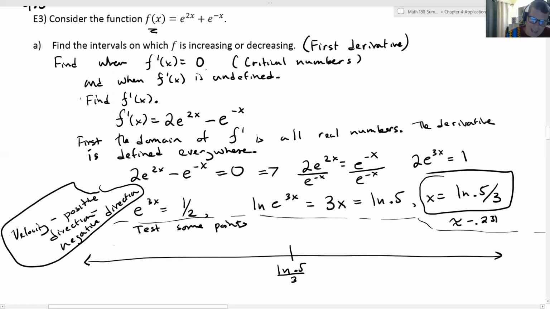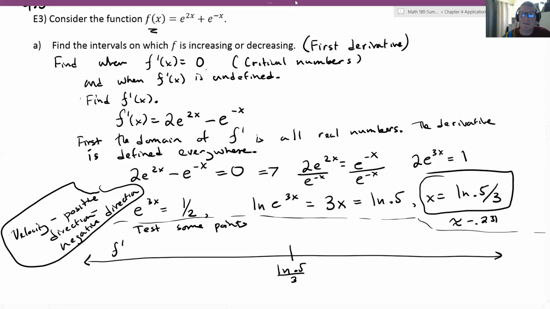And by the way, you're testing f prime in this case, the first derivative. All right, give me the interval.